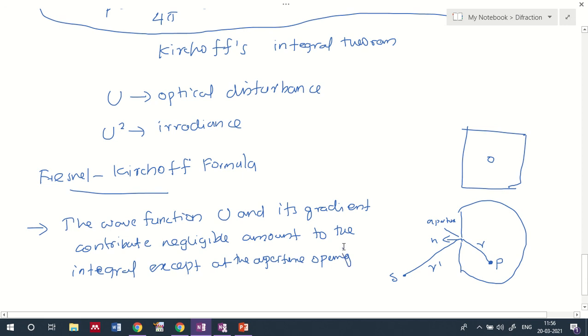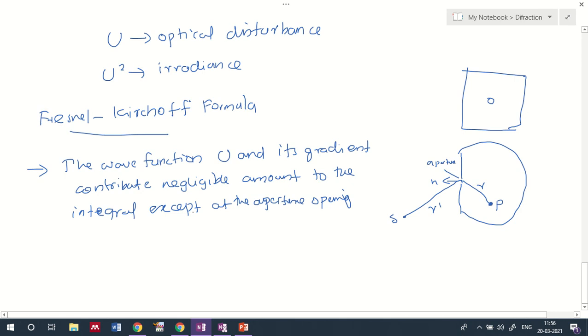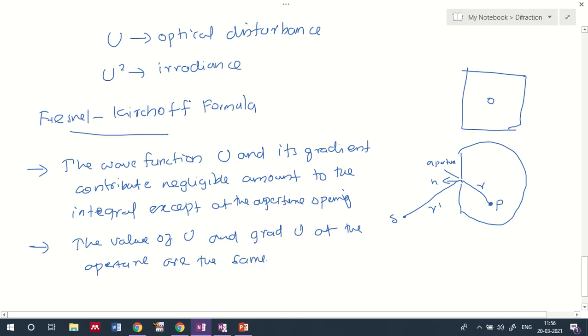The second assumption is that the values of u and grad u at the aperture are the same as they would be in the absence of the partition.